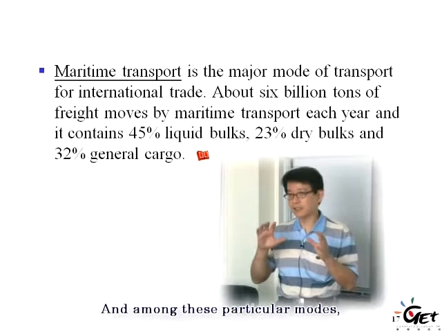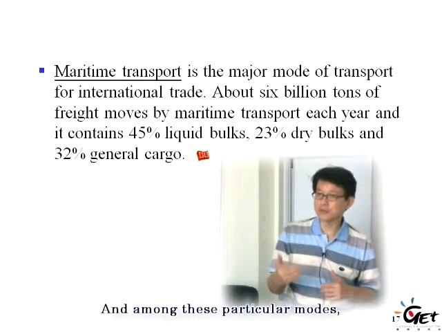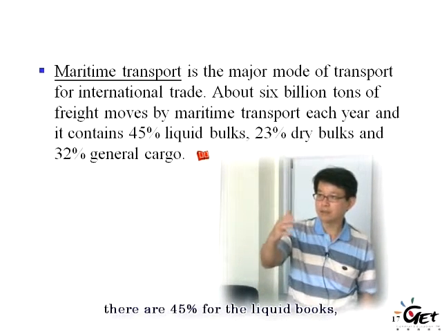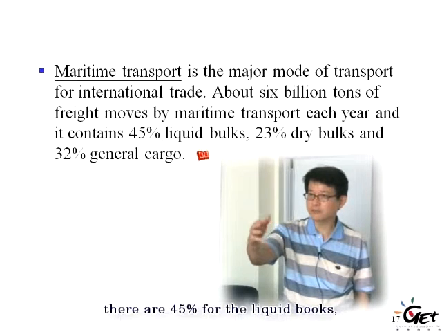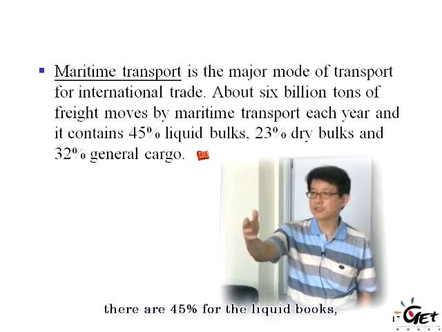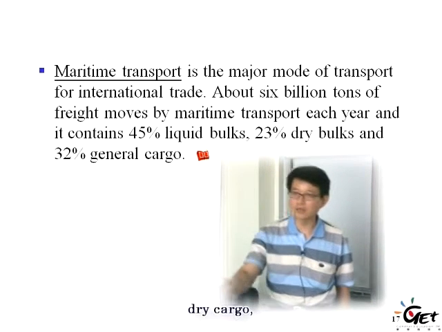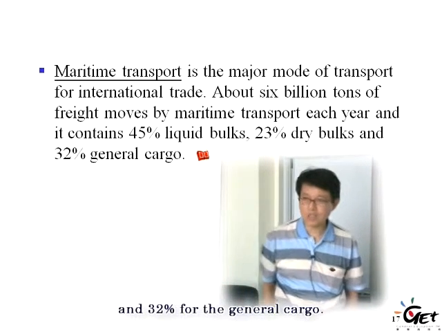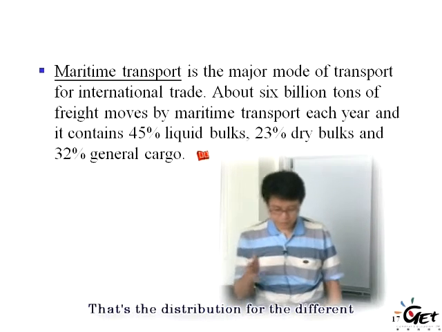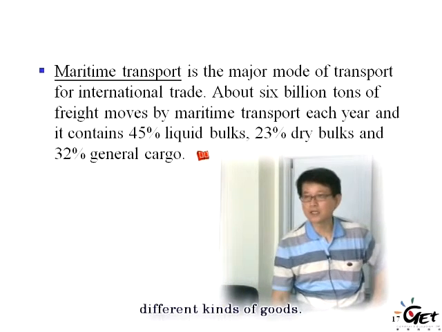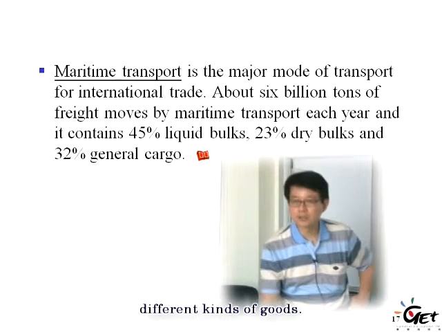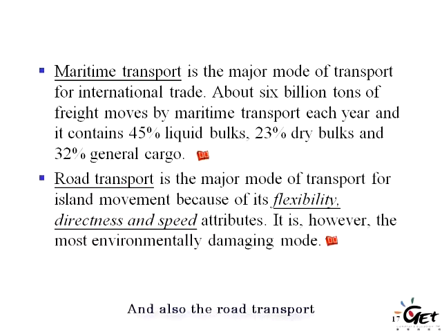And among this mode, there are 45% for liquid bulk, 23% for dry bulk, dry cargo, and 32% for general cargo. That's the distribution for the different kinds of goods.